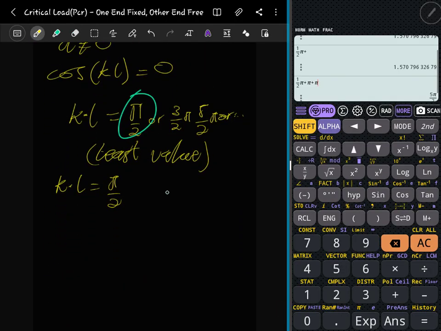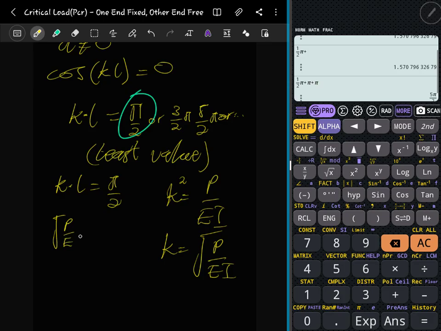And then we already said our k squared is equal to P on EI. So this will imply that our k will be equal to the square root of P on EI. So square root of P on EI times L is equal to pi on 2. Because our aim is the critical load P, we square both sides.